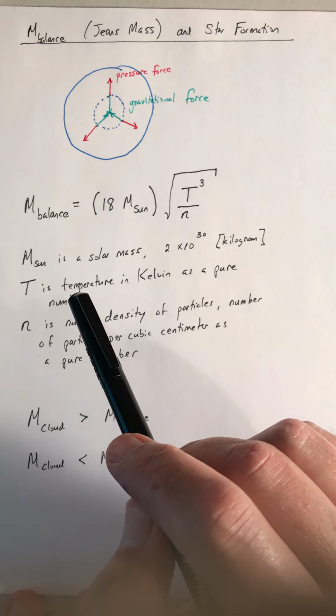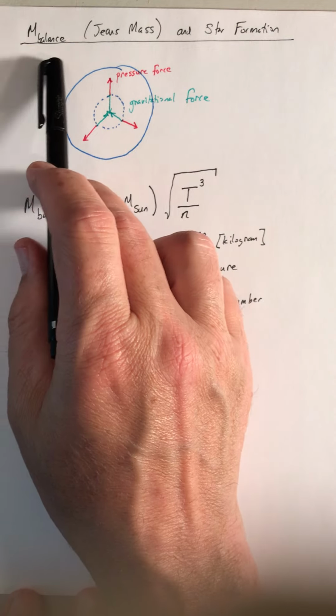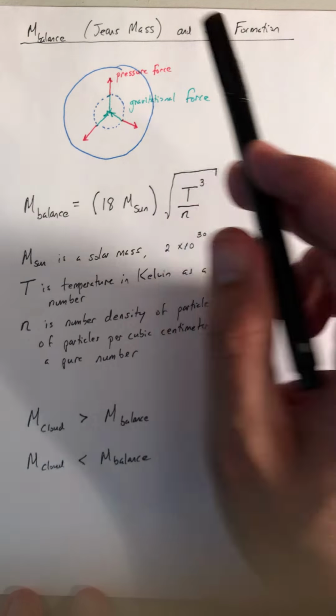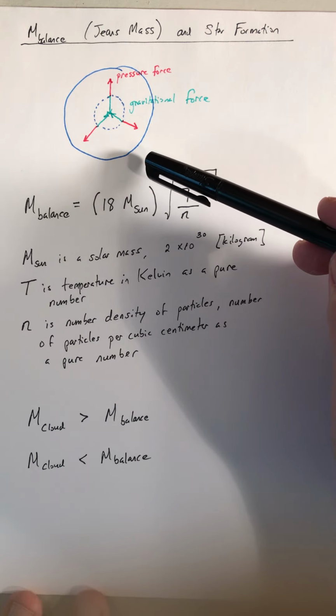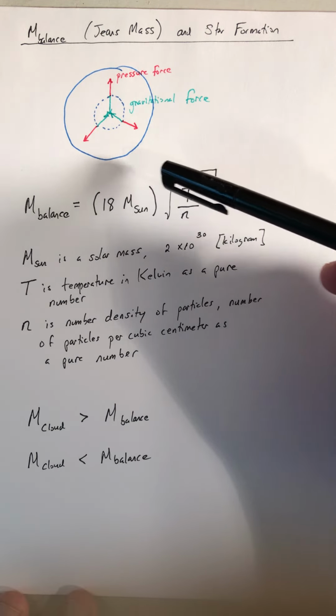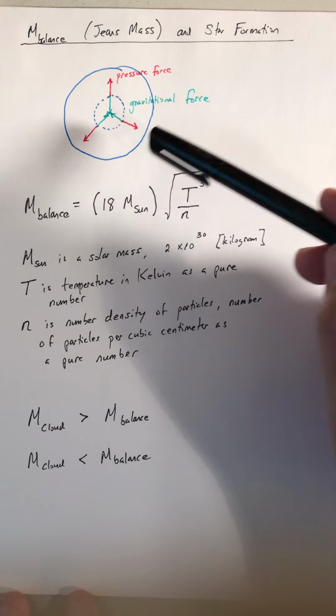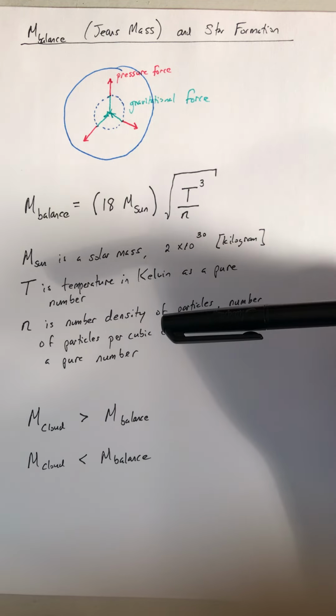And the basic idea, what goes into M balance, is let's say I have a cloud, and all parts of it are in equilibrium. So there's not a net force acting on any single part of it.